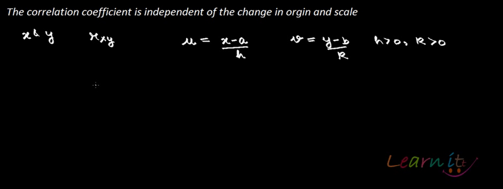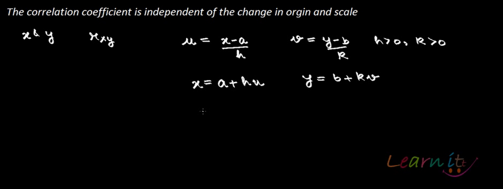Now you can write this as x is equal to a plus hu, and from here you can write y is equal to b plus kv.